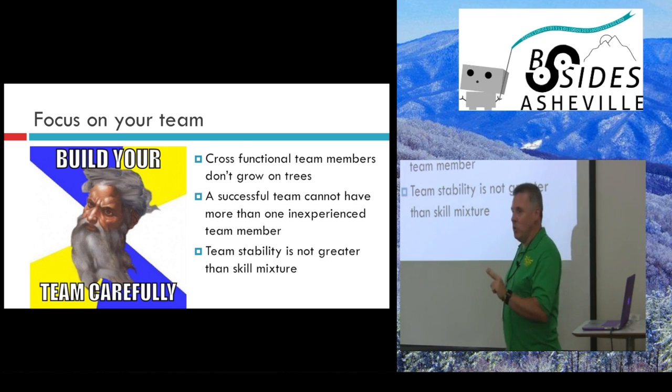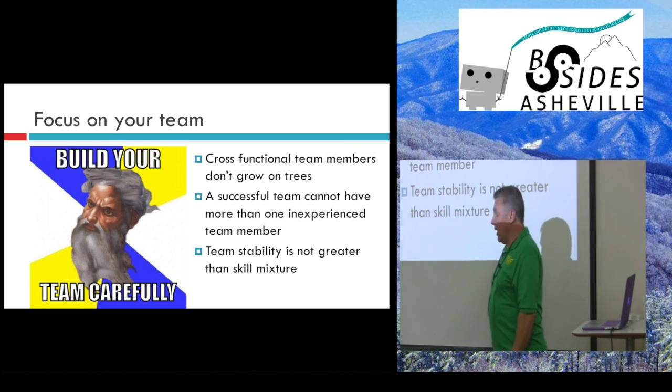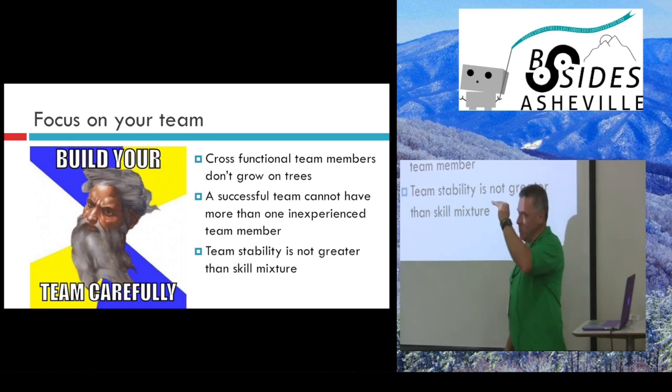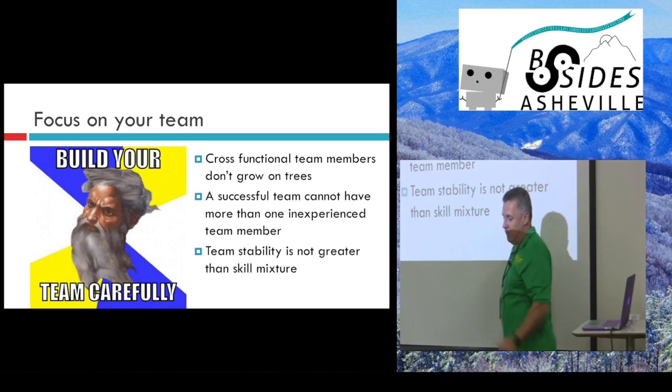They say you can have 2 inexperienced people on your team. If you want your guys to burn out, go for it. But really, you've only got time to pull up one person with each team. And if you also look at the notes from CollabNet, which is where I got my Scrum Master certification, they say team stability, team stability, team stability, team stability.